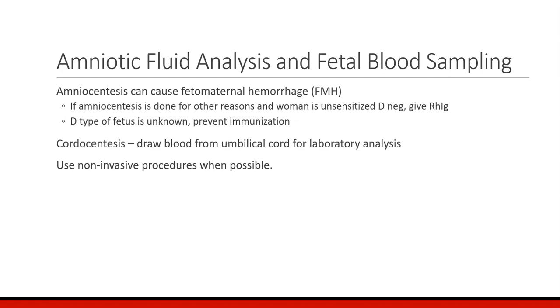And just for grins, it will cover a 30 mL whole blood bleed, meaning there's enough anti-D antibody to coat 30 mLs of D positive cells so that they'll be recognized as foreign and removed. If the D type of the fetus is unknown, it's also given to prevent immunization.